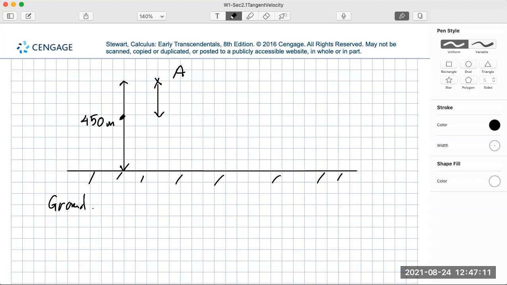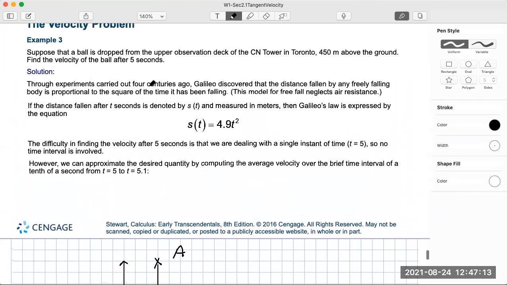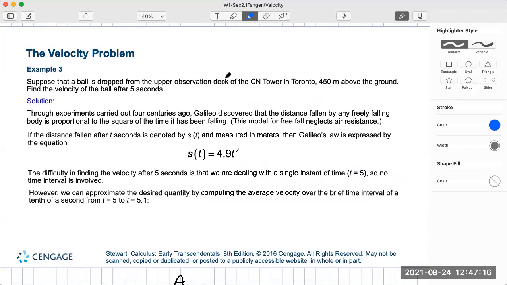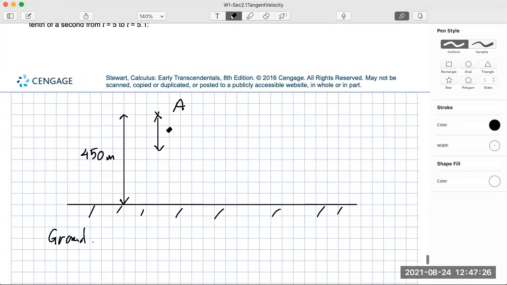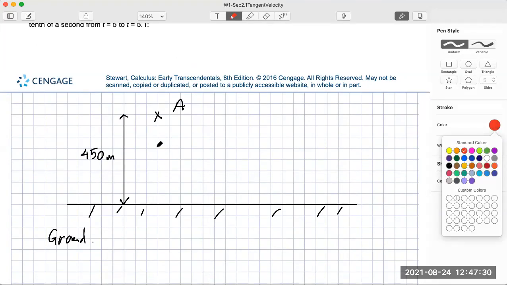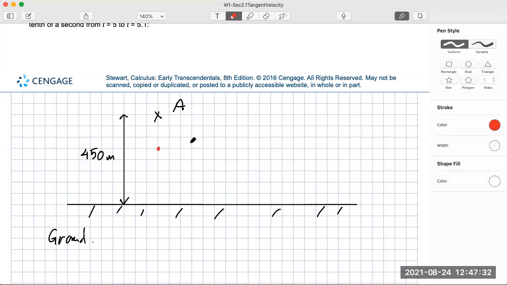Okay. They ask us the velocity of this ball after 5 seconds. It means that after 5 seconds, the object could be somewhere here. Suppose it is here, right?